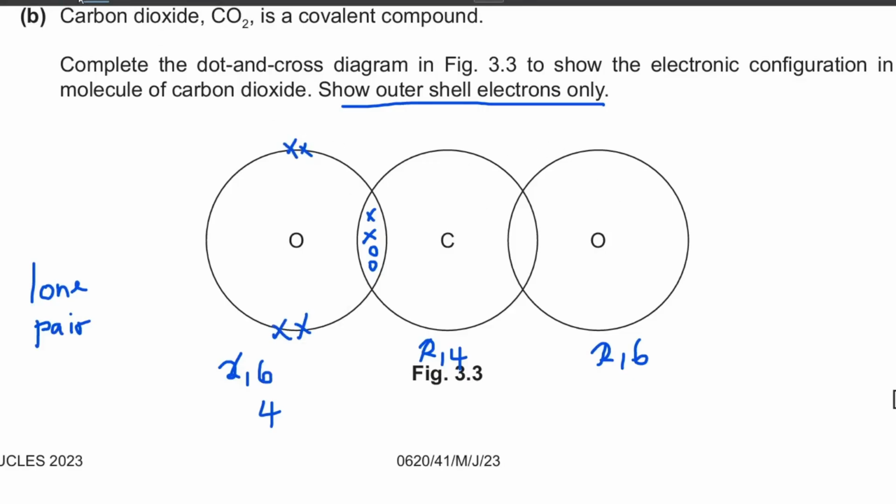We go to the other oxygen. So we are dealing with the atoms around the central atom. This carbon is the central atom because it is in the middle. Okay, so the same thing with this oxygen, giving two electrons. So we give this oxygen a cross also because the first oxygen is cross.